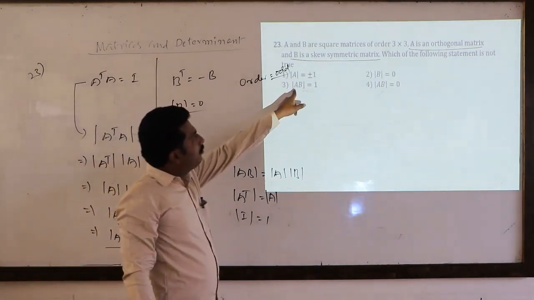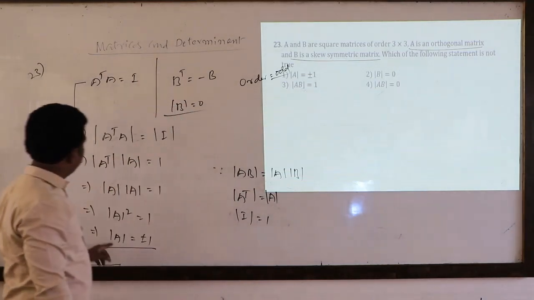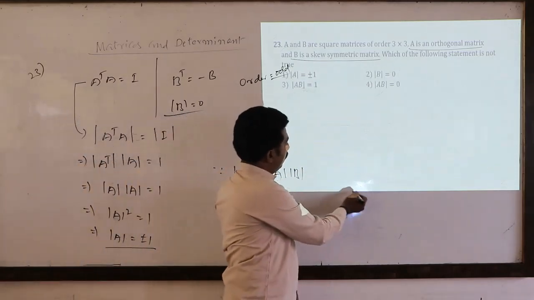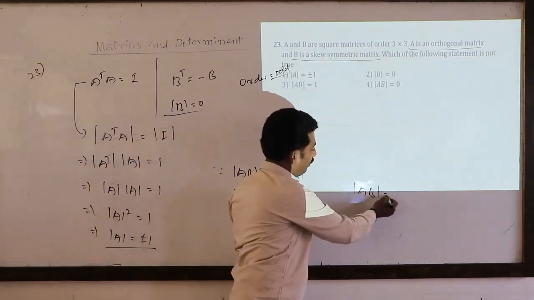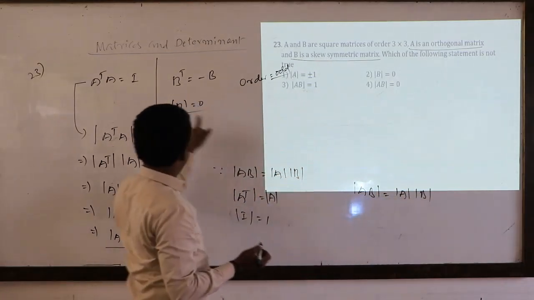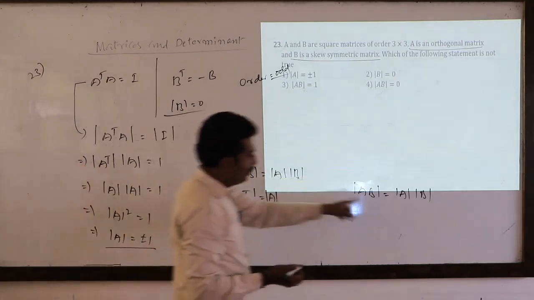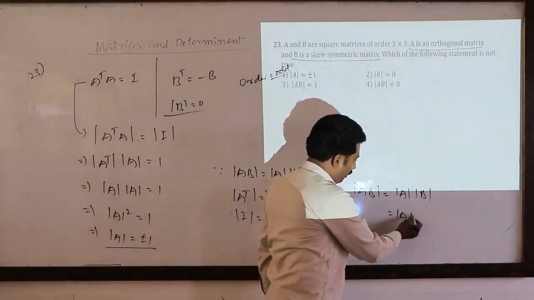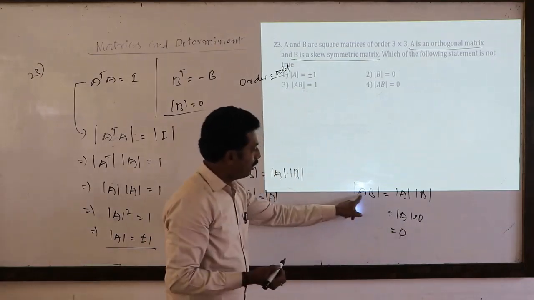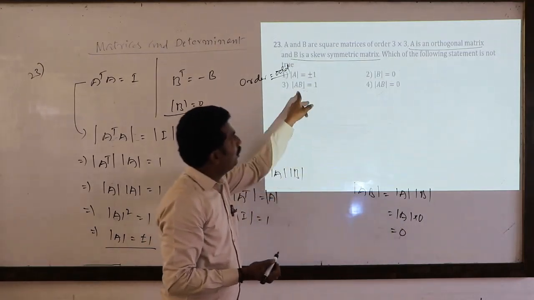Very clear, determinant of AB is det A into det B. Anyhow det B is 0. So from this, det A into 0 is nothing but 0. So determinant of AB is 0 but not equal to 1.